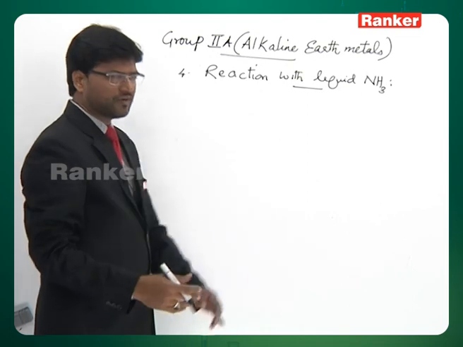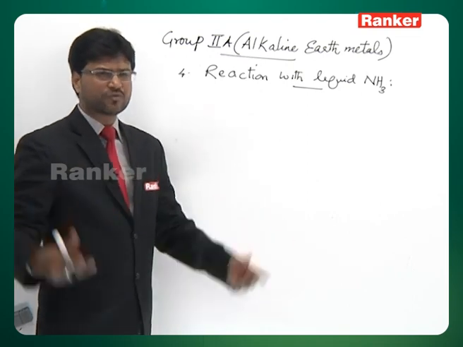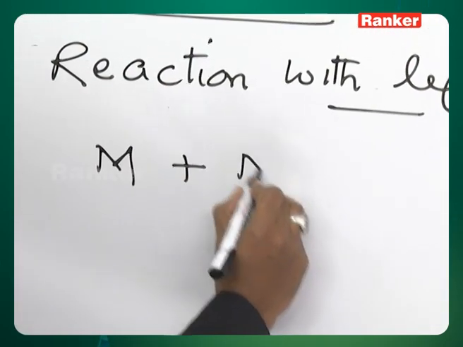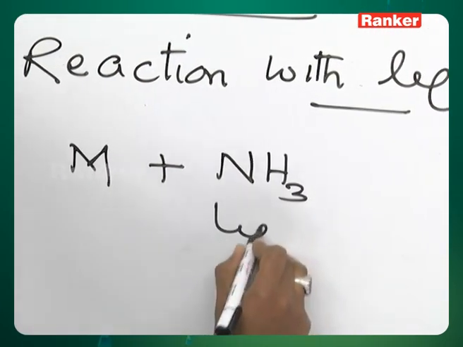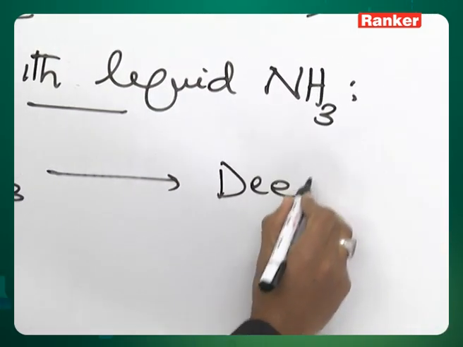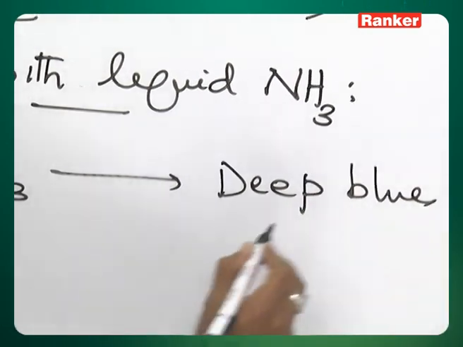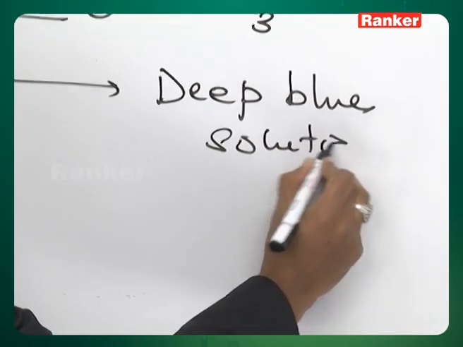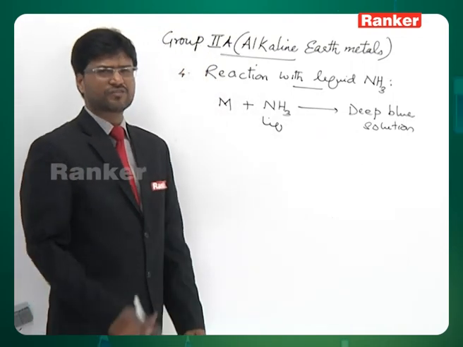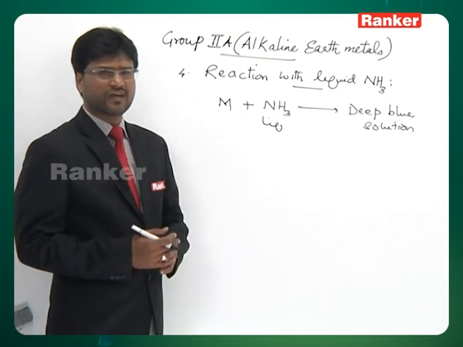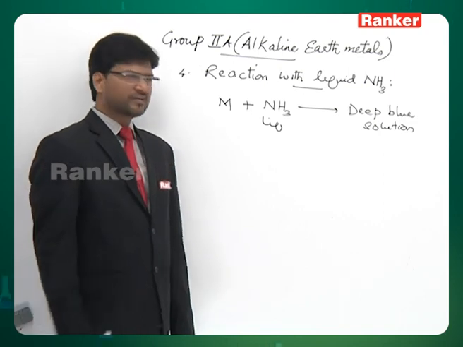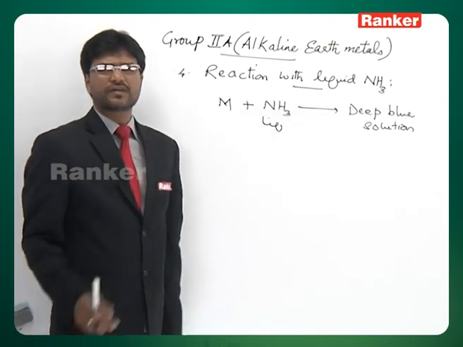Just like alkali metals, which when dissolved in liquid ammonia give a deep blue colored solution, here also, if you dissolve alkaline earth metal in liquid ammonia, you get a deep blue colored solution. It's the same thing. Here also the solution will be paramagnetic, the solution will act as a good reducing agent, and it will be an electrical conductor. All those details we have discussed under alkali metals hold good for this also.